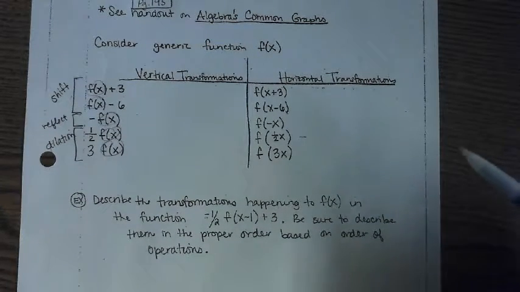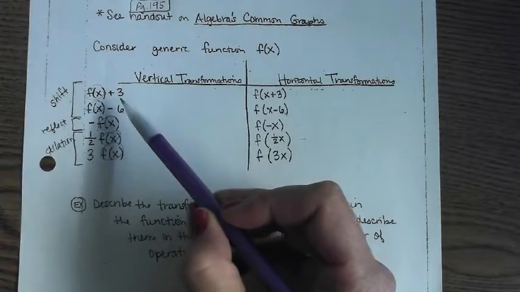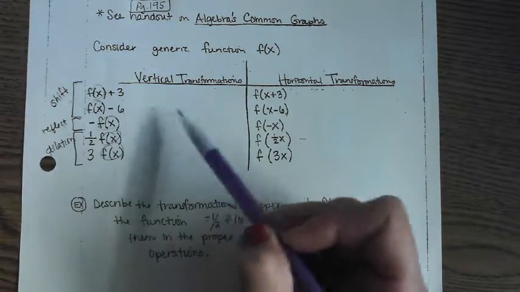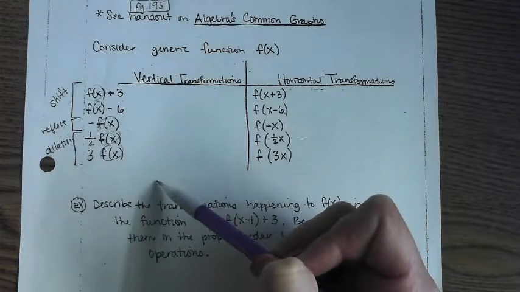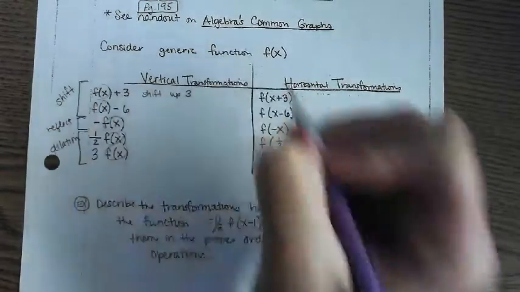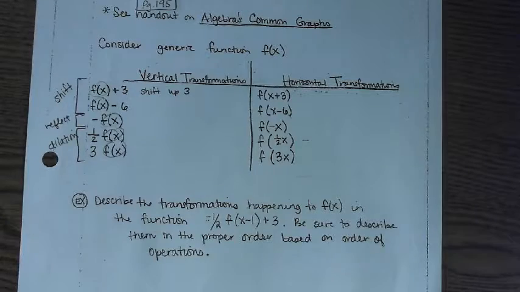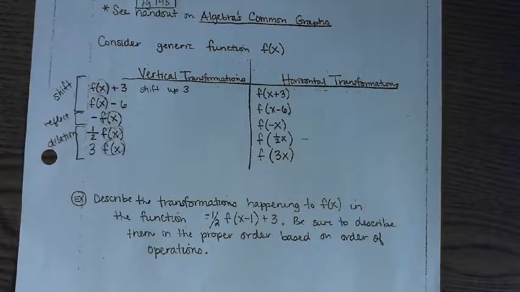And then the other big piece is that your instinct as far as direction on all things vertical seems to be logical. So like plus 3 means shifting up 3. You would think adding 3 vertically would move it up. Whereas all things horizontal is kind of the opposite of what your common sense would tell you.